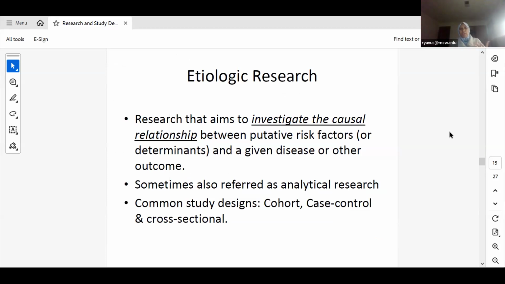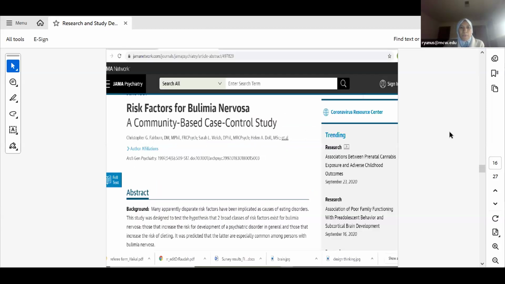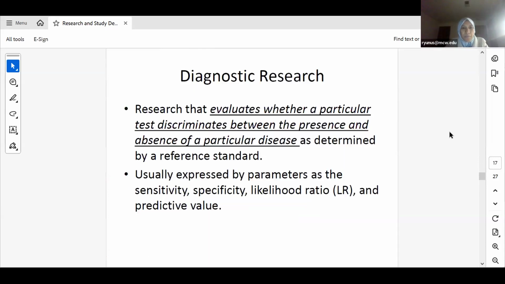And common study designs, we have talked about this earlier: it can be cross-sectional, case control, or cohort study. This is an example of etiologic research. You can see that the topic is risk factors for bulimia nervosa, a community-based case control study. Etiologic basically comes from the word etiology, which means causes. So you're trying to find causes of a certain event or disease, or risk factors of a certain disease.